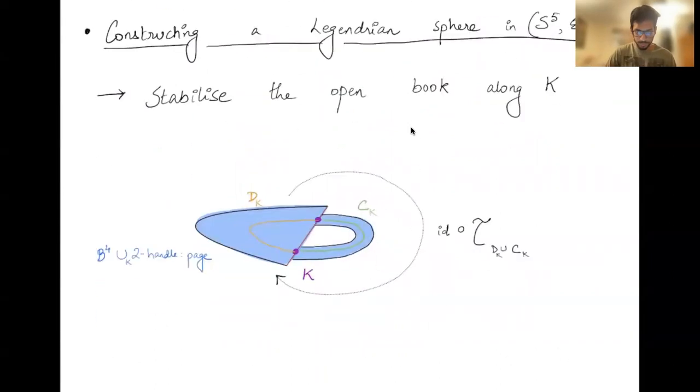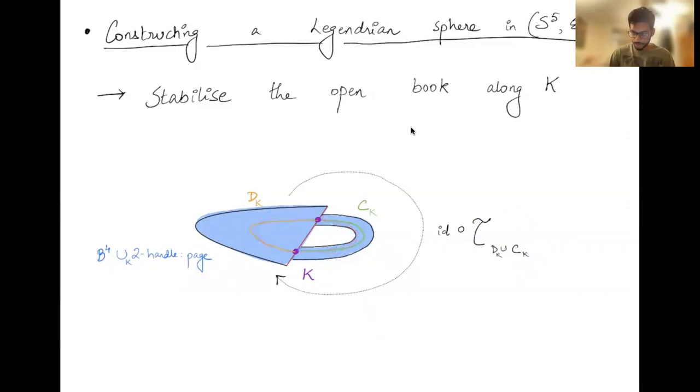Given that, the way you can construct a Legendrian sphere is you can stabilize the open book along K, and the way it changes the monodromy is to every page it adds a two handle along K, and the monodromy is changed by a Dehn twist about the resulting Lagrangian sphere in the book.